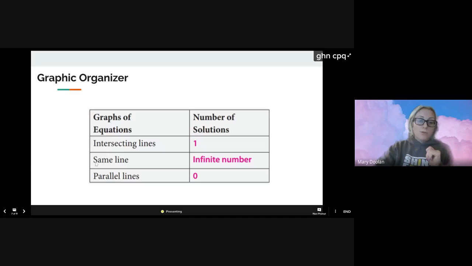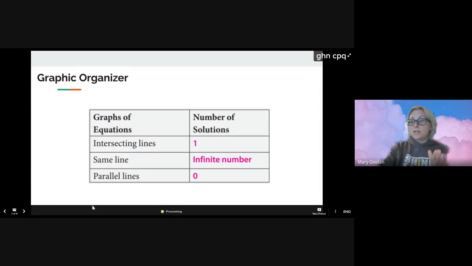If you graph both lines and they turn out to be the same exact line, they coincide with one another, they lay on top and they're exactly the same, then we have an infinite number of solutions. Last possibility, you graph two lines and they turn out to be parallel lines. One of these three things has to happen every time you have a system of equations. They either intersect once, they are the same line and intersect everywhere, or they're parallel lines and they intersect nowhere. If they intersect nowhere, then there are zero solutions.